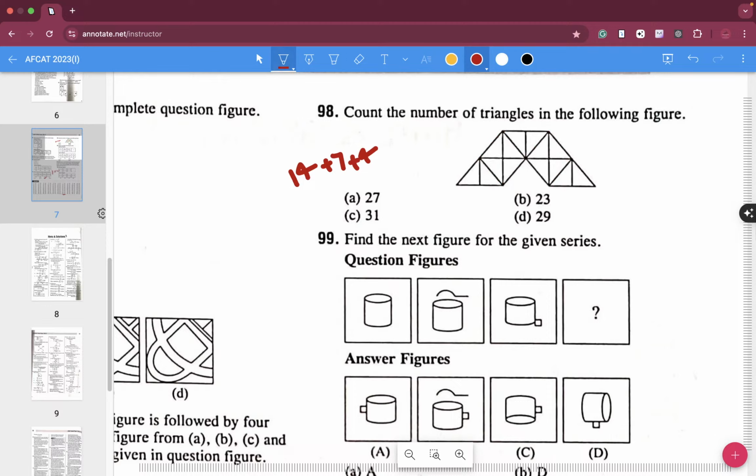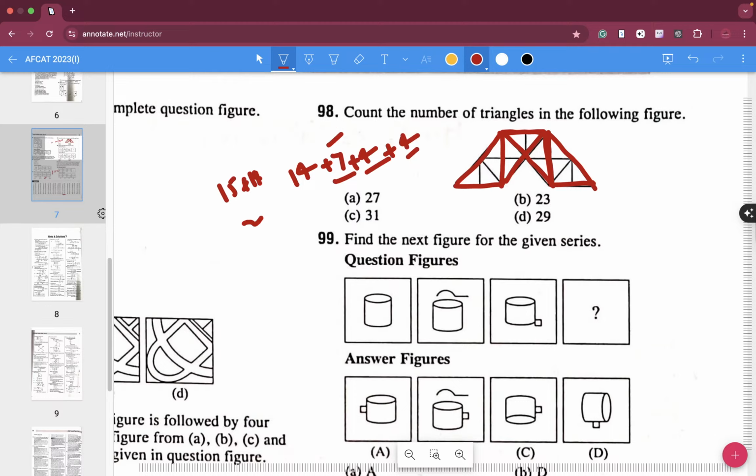Now, can you have one triangle over there as well? 1. We can have 1 here also, 2. We can have 1 here also, 3. We can have 1 here also, 4. So this is 4 plus 4, 8. 8 plus 7, 15.